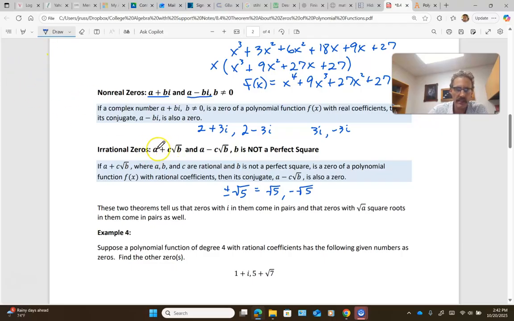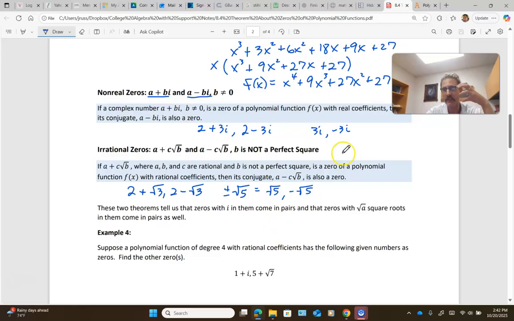If a and c are in there, c will always be a 1, but an example might be 2 plus the square root of 3 and then 2 minus the square root of 3. So these always come in pairs as well. Basically, anything with an i and anything with a square root comes as a conjugate pair.